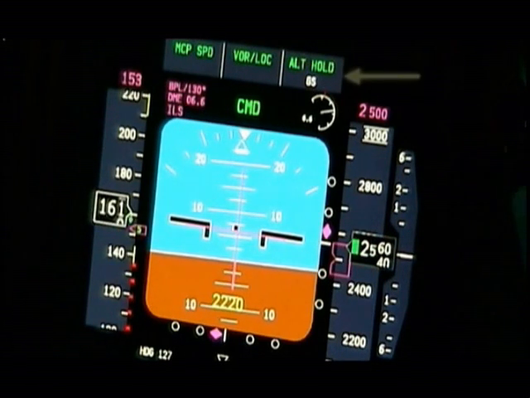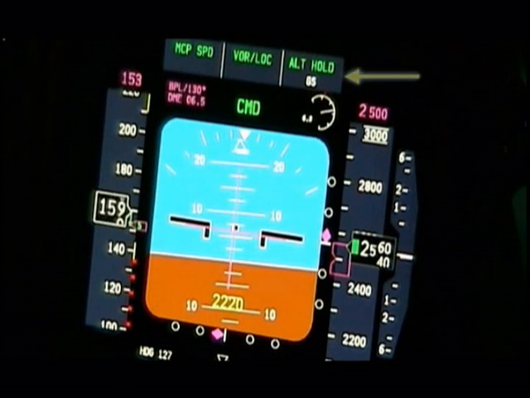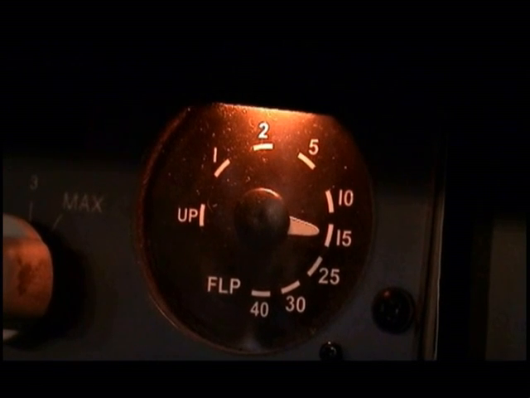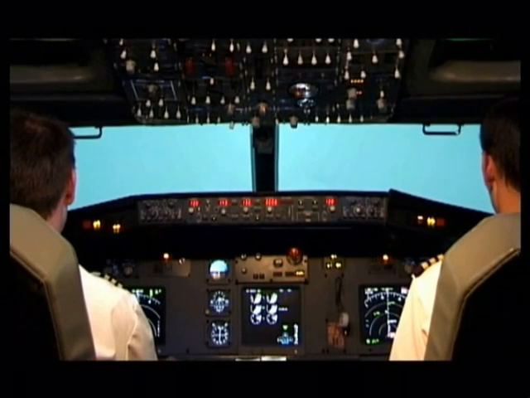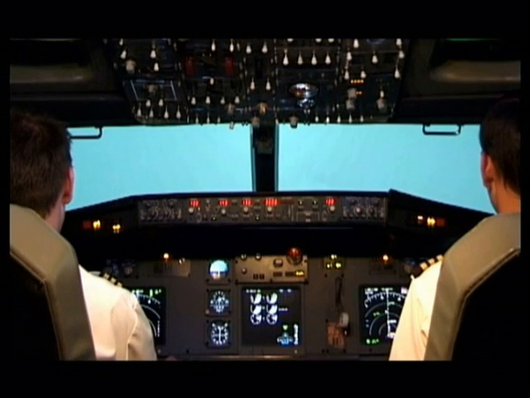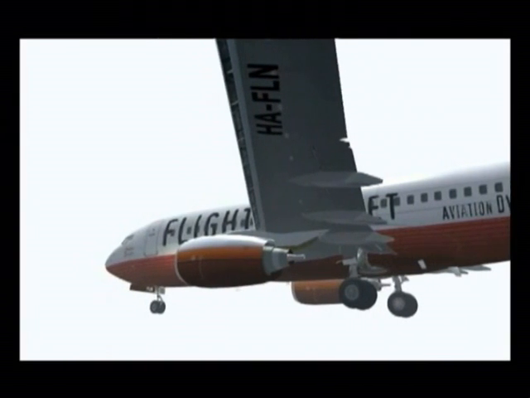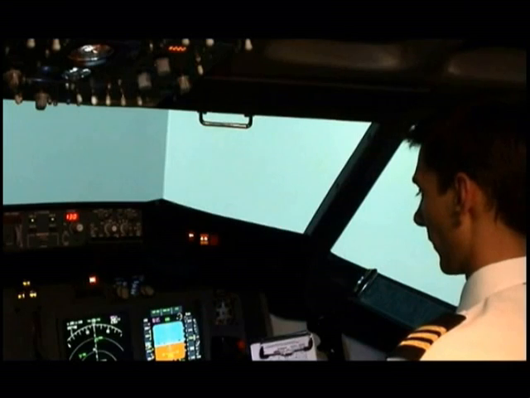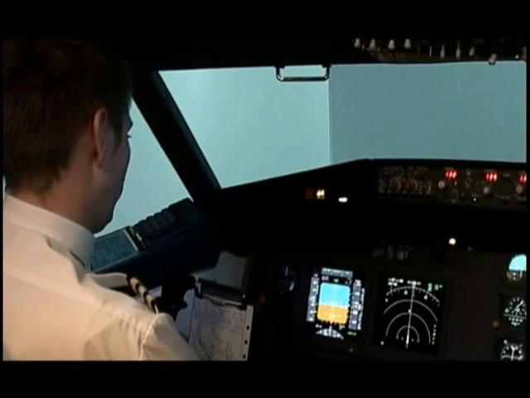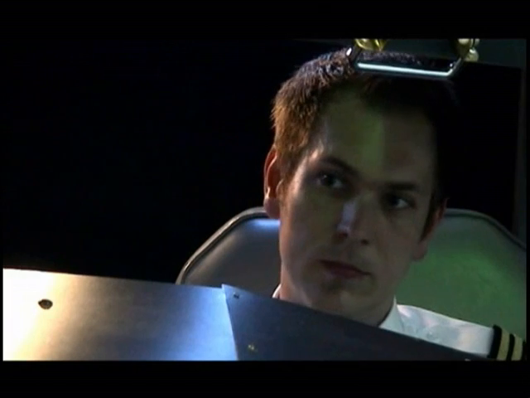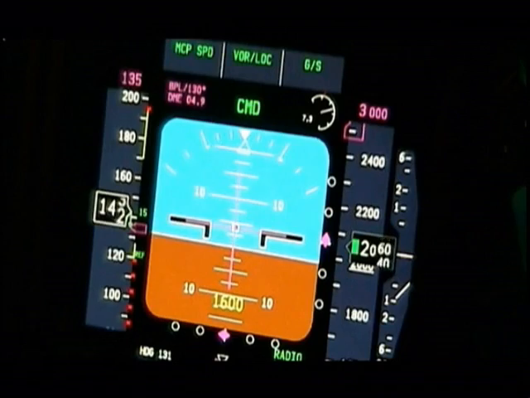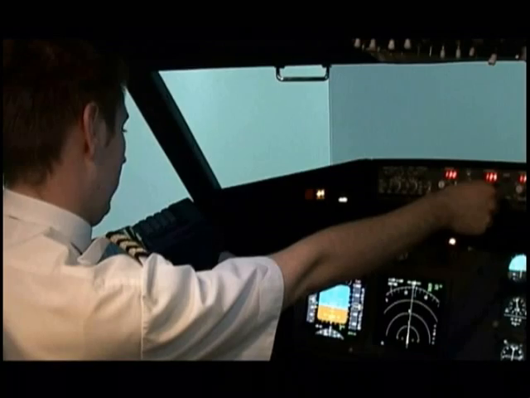Checked. Glide slope capture. Checked. Flaps 15, green light. Flaps 30.